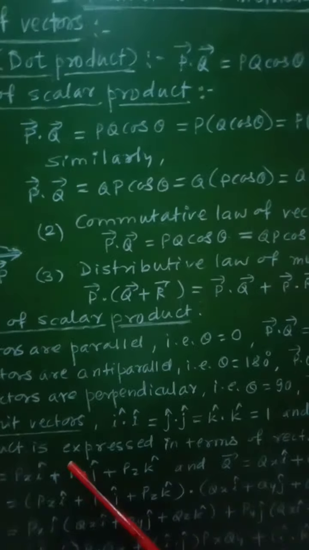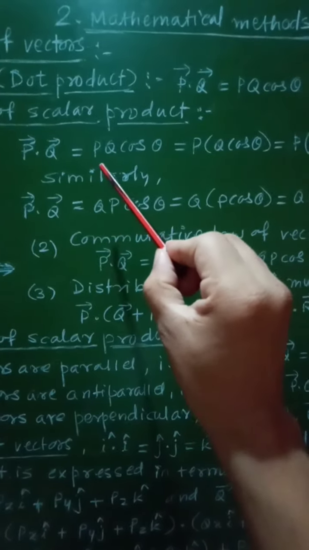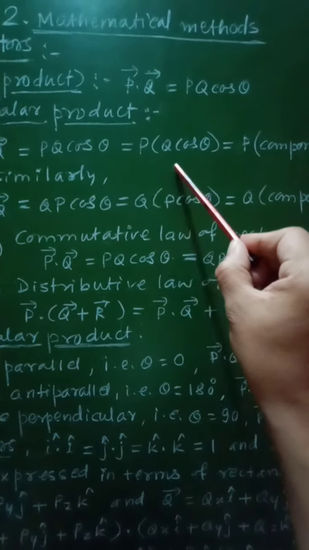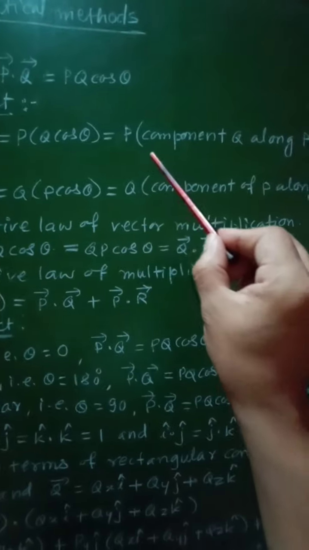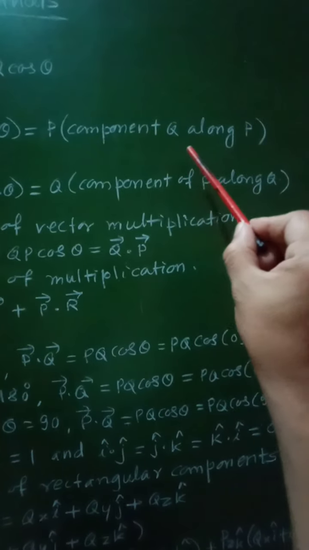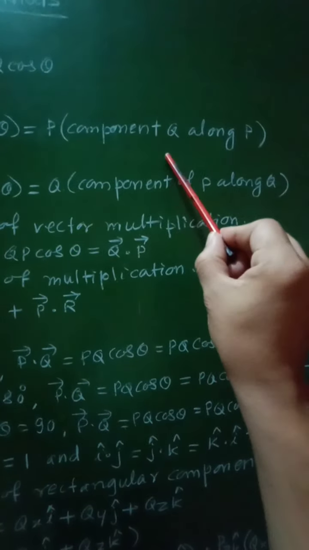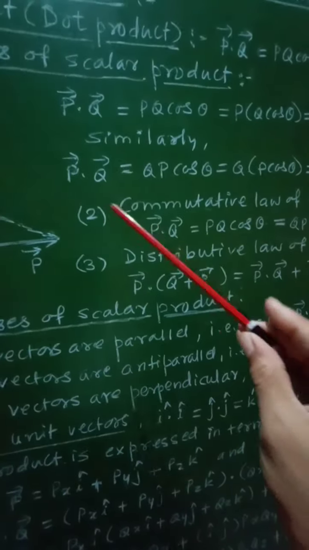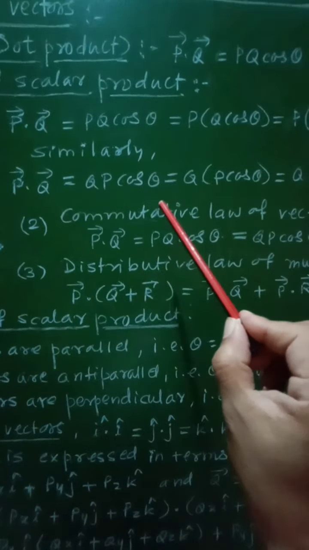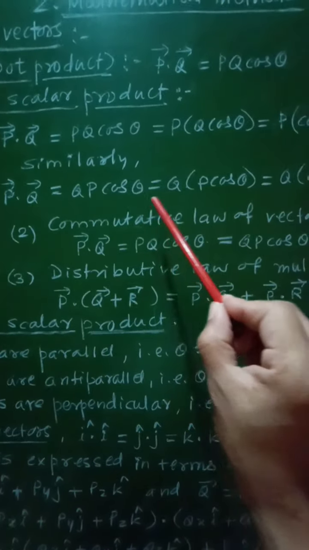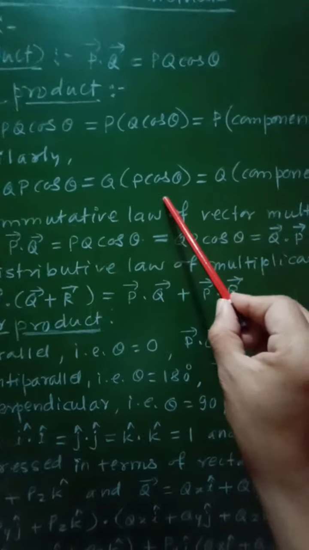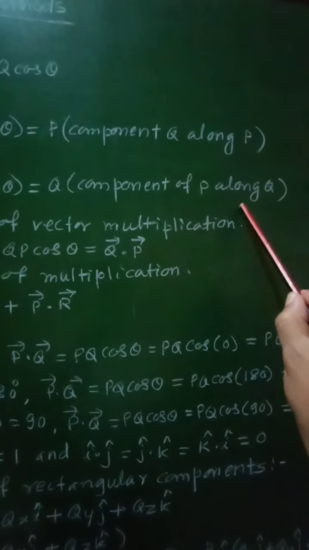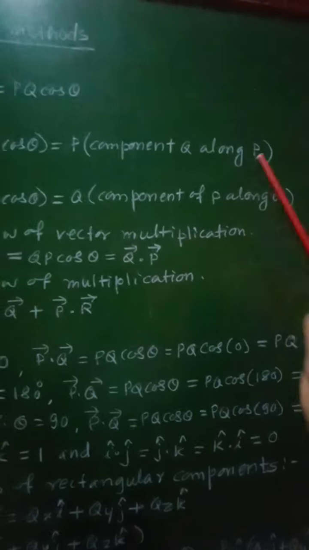Therefore we can write vector p dot vector q equal to pq cos theta, that will be equal to p into q cos theta, which is nothing but p into component of q along p. Similarly, vector p dot vector q equal to qp cos theta, that is equal to q into p cos theta, which is nothing but q into component of p along q.